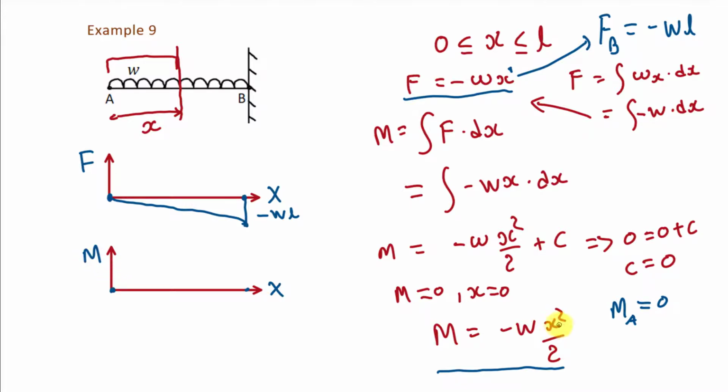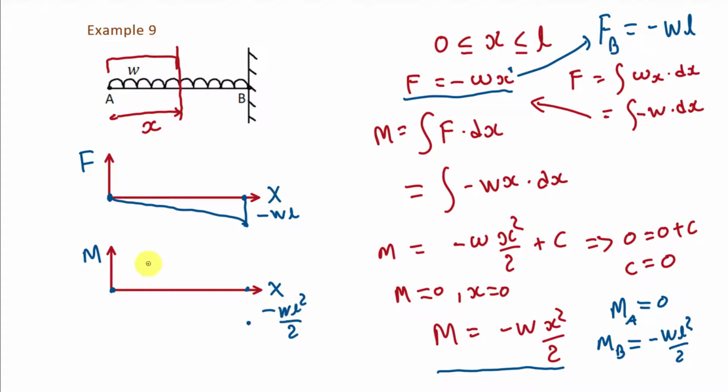Now if we put x = L, then we get bending moment M at point B, which will be equal to -wL²/2. So at this point the bending moment will be -wL²/2. It is negative, so it will be in the negative direction. So let's say it is at this point, and the value of this distance is -wL²/2.